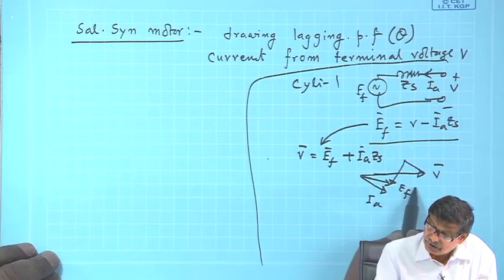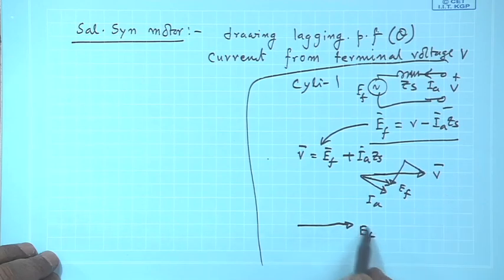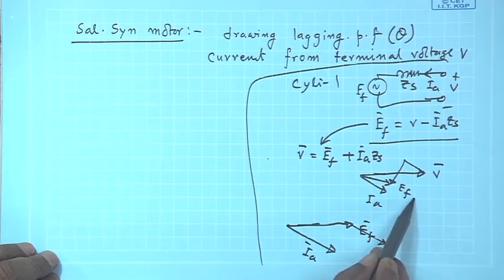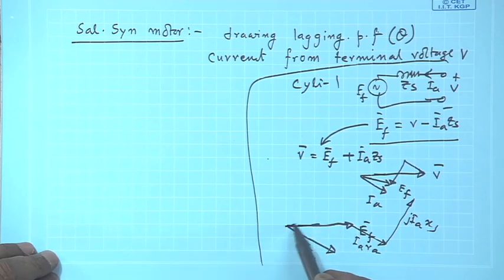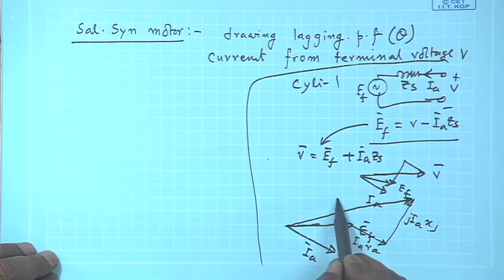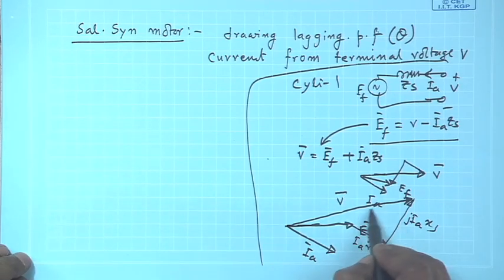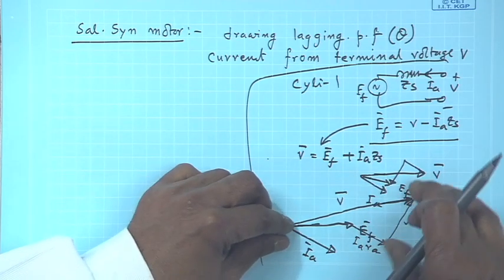So, I could also draw this phasor diagram in this way. First draw E F, then say lagging power factor I A is here. Then to E F add I A R A plus I A Z S, adding I A R A, and you will get terminal voltage. So, the same phasor diagram, it is now just rotated in space.